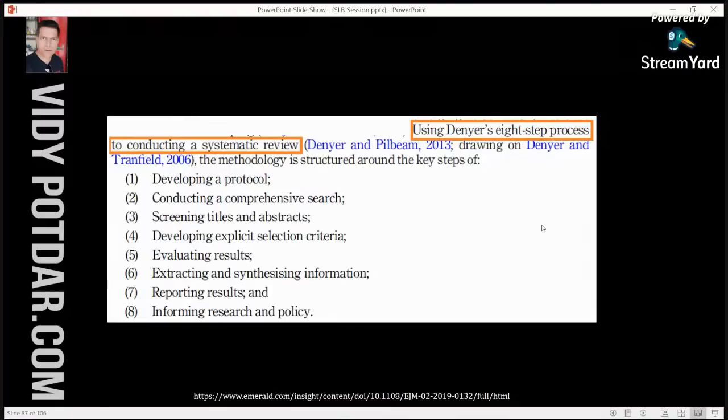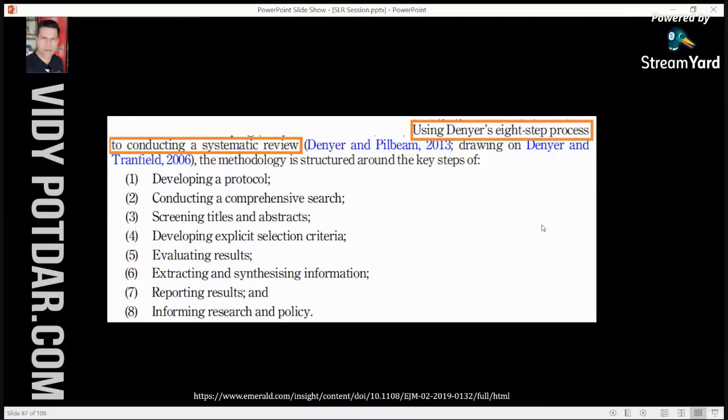So Prisma, like I mentioned, is one approach. There are many other approaches like that. And in this paper, it is using an approach that is presented by Dainer. And it has 8 steps: developing a protocol, conducting a search, screening titles and abstracts, developing a selection criteria, evaluating results, extracting and synthesizing information, reporting, and so on.